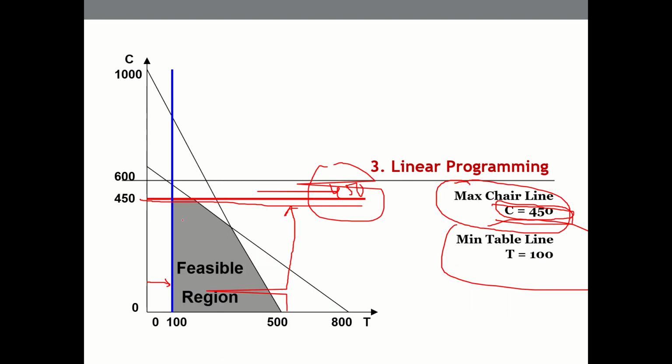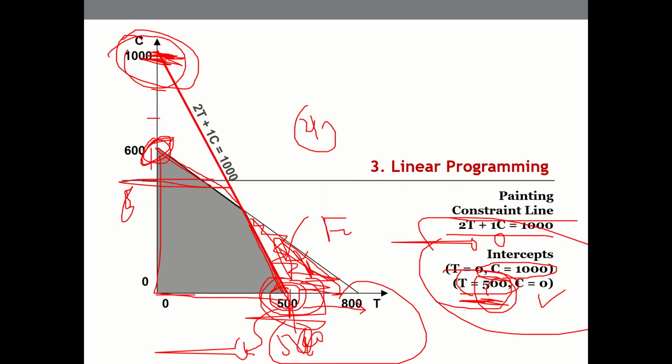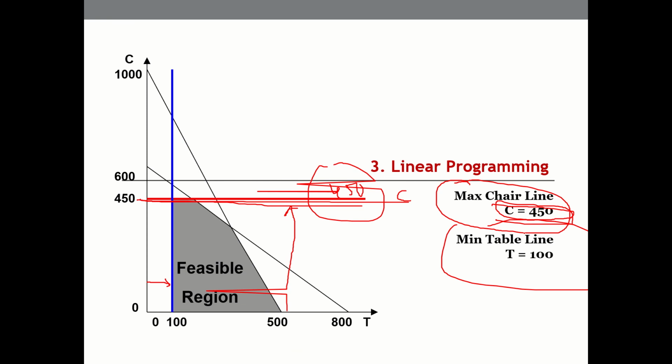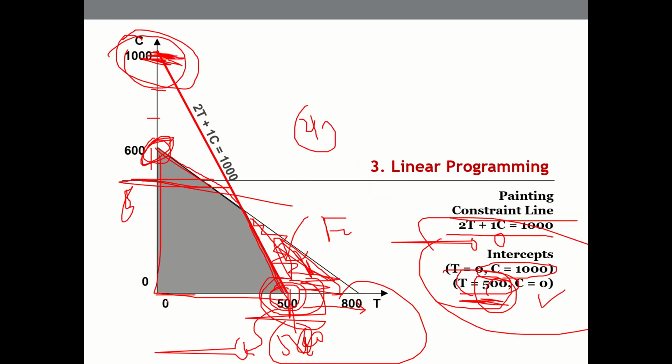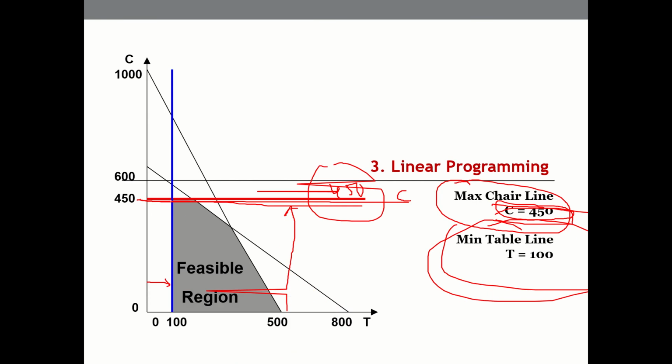So we added a constraint line called 450 to reduce this feasible region. And then we also said a minimum of 100 tables to be made. So this region is cut off. These are non-feasible regions because we need a minimum of 100 tables. So now this is actually the feasible region through the diagram. This is what we have achieved.